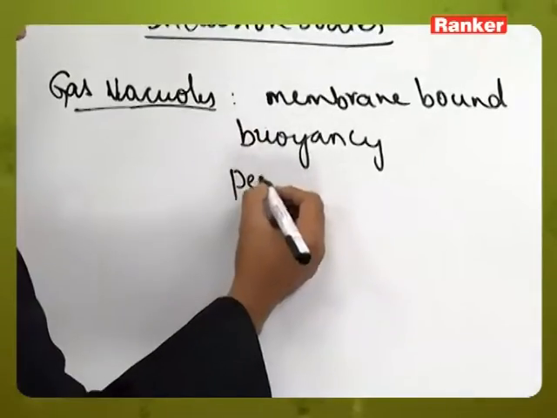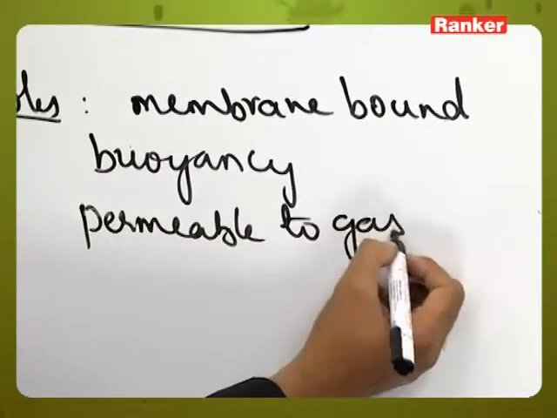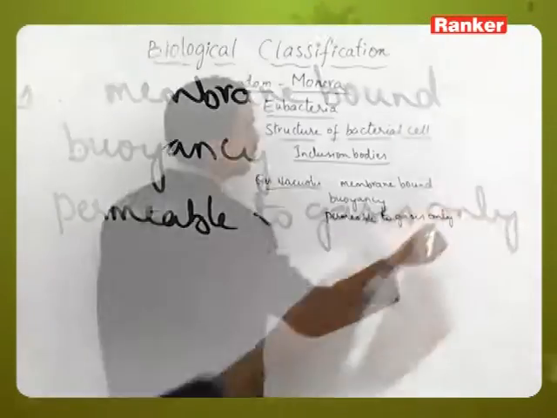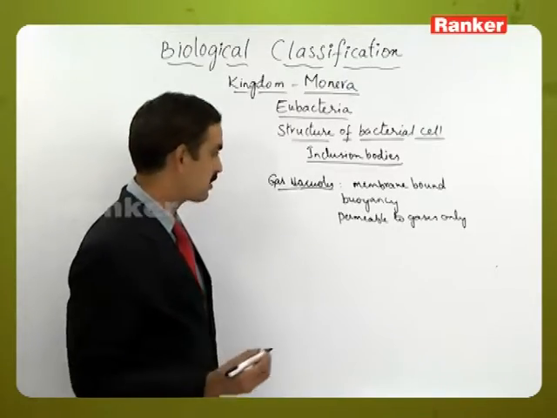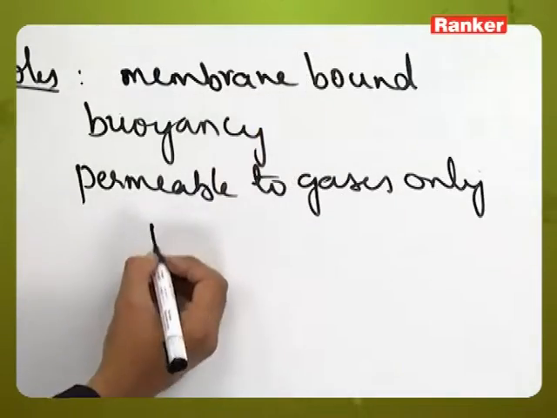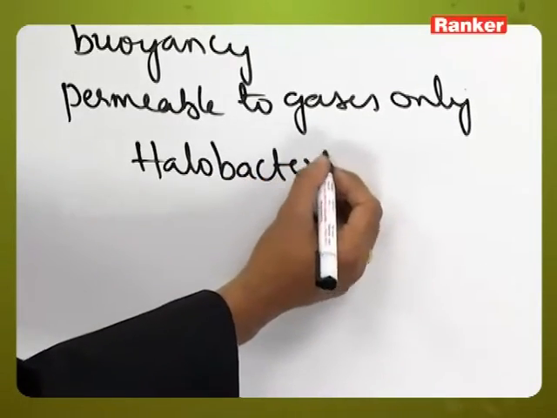These gas vacuoles are permeable to gases only, but impermeable to water, and they are also a little concerned with the osmoregulatory function. This type of gas vacuole can be seen in aquatic bacteria like halobacteria.